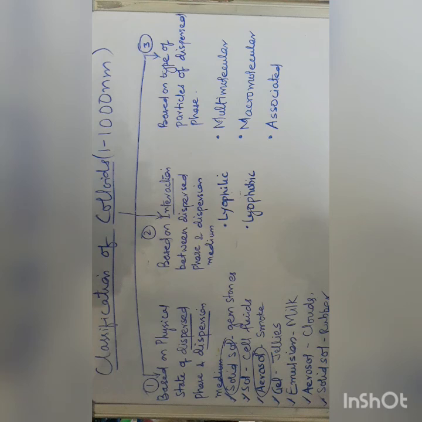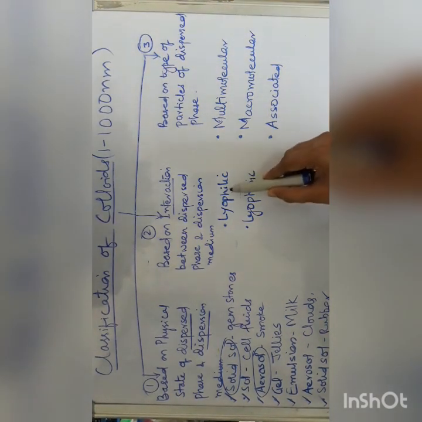Second category is lyophobic colloids. Now the term lyophobic means liquid hating. So the colloids in which the particles of dispersed phase do not have affinity for the dispersion medium are called as lyophobic sols.